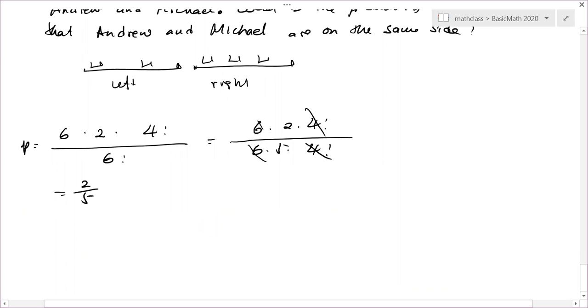Andrew must go to the same side, and there are only 2 seats left, so Andrew has 2 choices. Then the remaining 4 students come in and choose from the 4 seats one by one. The third student can freely choose one of the 4 seats, so it's 4, and then one by one the number decreases. So you get 4 factorial.